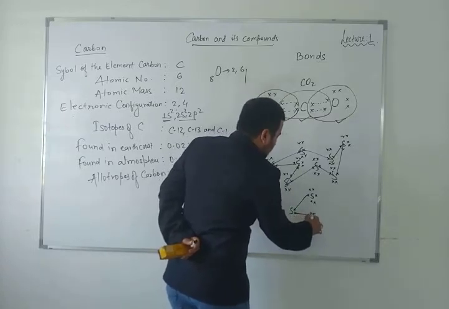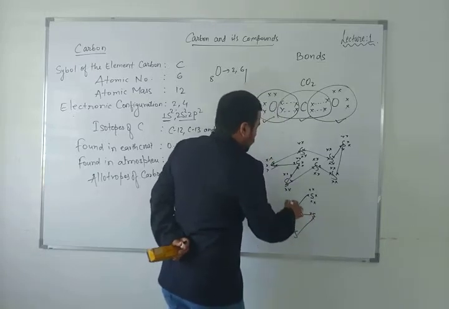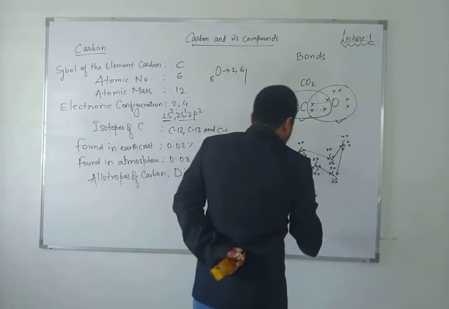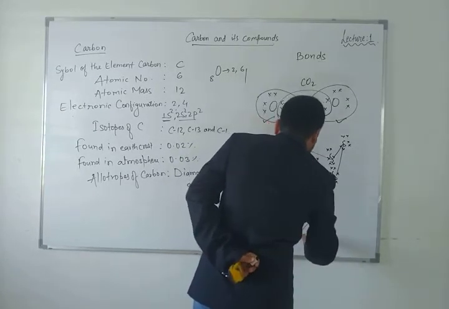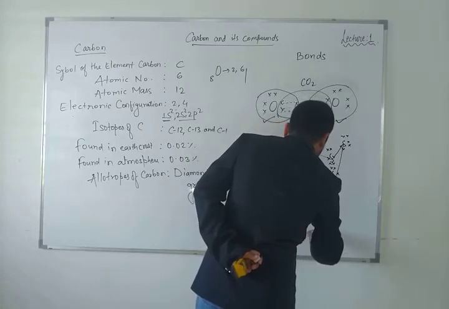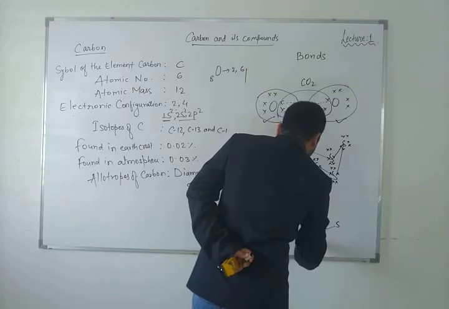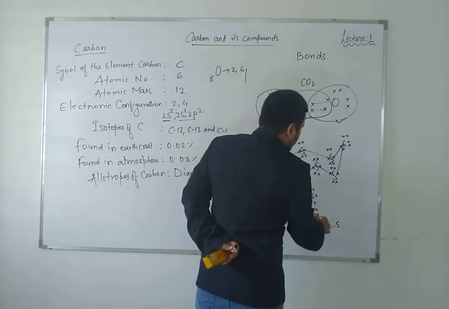Similarly, this sulfur atom has shared another electron with this sulfur atom. So you can see 1, 2, 3, 4, 5, 6 on each.